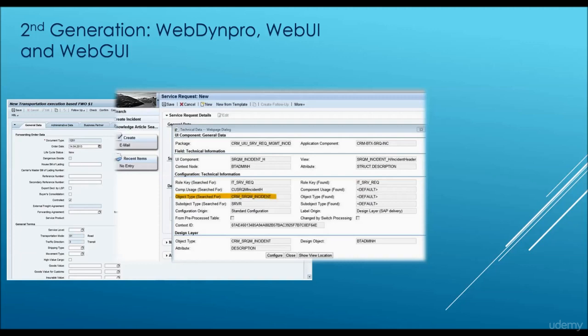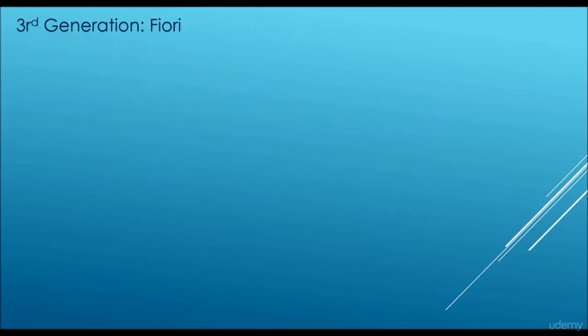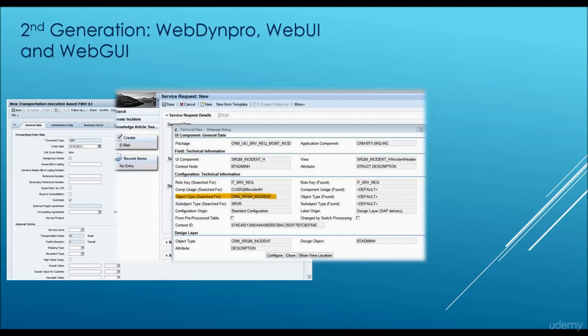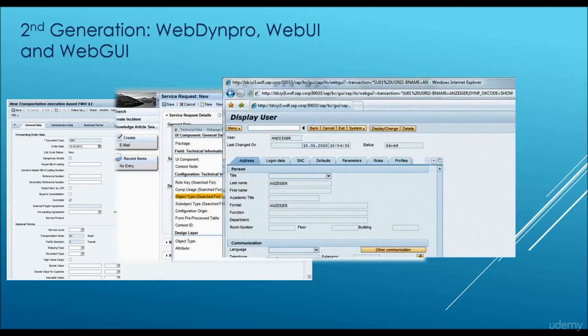So SAP was reinventing again, even in CRM Web UI. And later, somewhere around 2004-2005, the same time duration, SAP also released Web GUI, which is nothing but SAP GUI, the Windows GUI screens, in a browser.